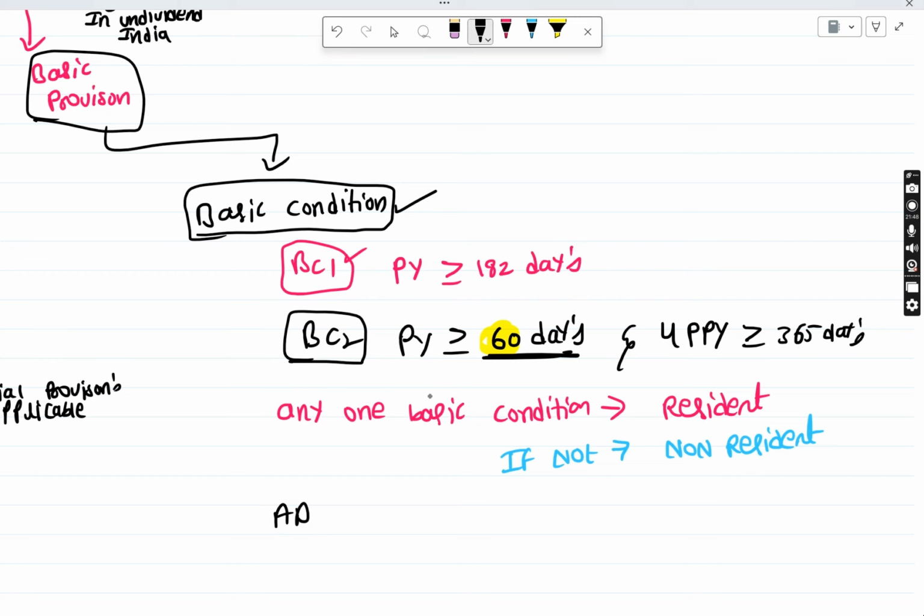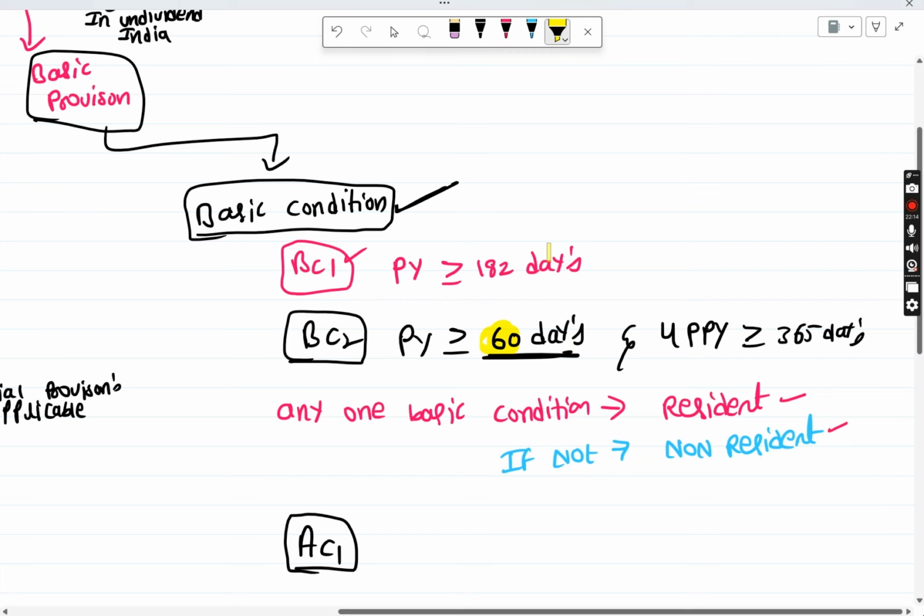Basic conditions are checked to determine whether he is a resident or non-resident. Additional conditions are checked to determine whether you are a ROR or RNOR. Now additional condition 1. Let's say when we check the basic conditions, it is already confirmed that he is a non-resident, because he did not satisfy any one of the basic conditions.